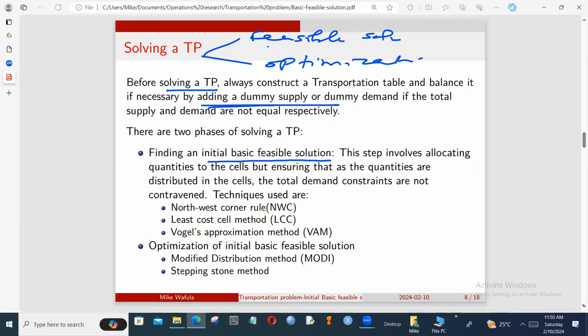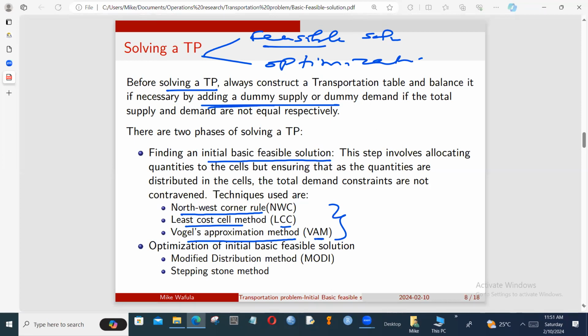To get the initial basic feasible solution under the transportation problem, there are three techniques that are used. There is what we call the northwest corner method or northwest corner rule. There is the least cost cell method. And there is Vogel's approximation method, famously known as VAM.